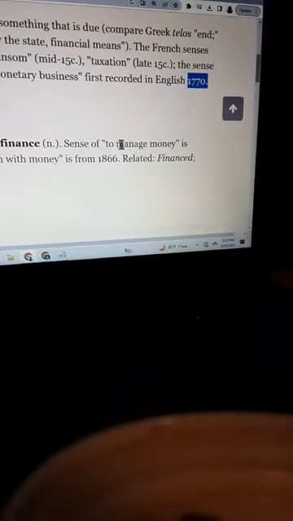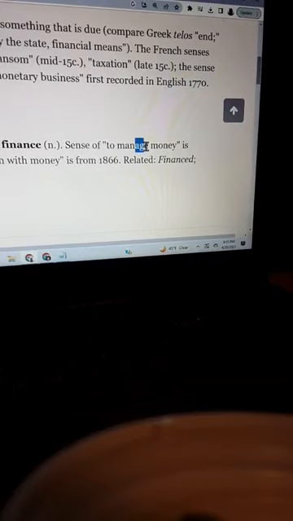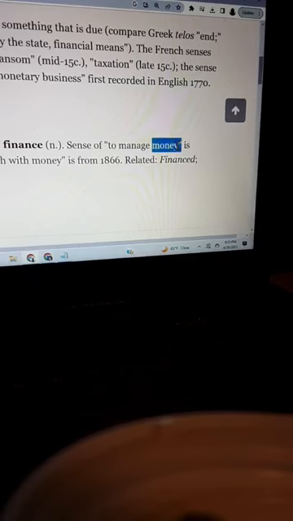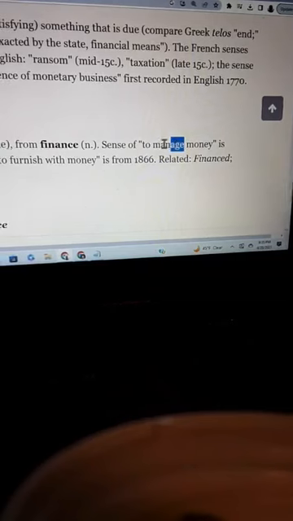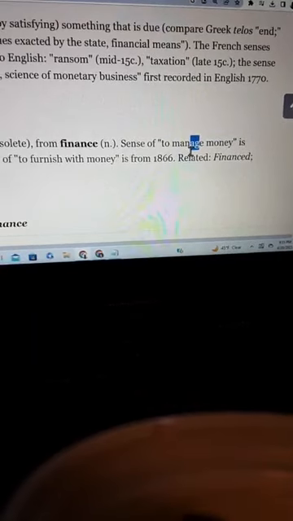Sense of to manage money. Someone furnished you money and now you are going to manage it because you're in the age of man rather than in the age of your spiritual living soul. Genesis 2:7.